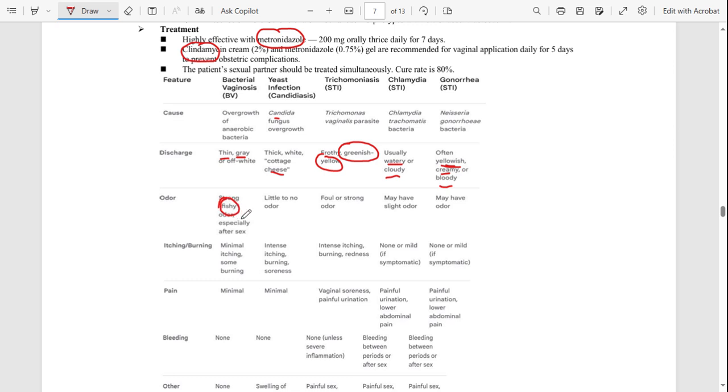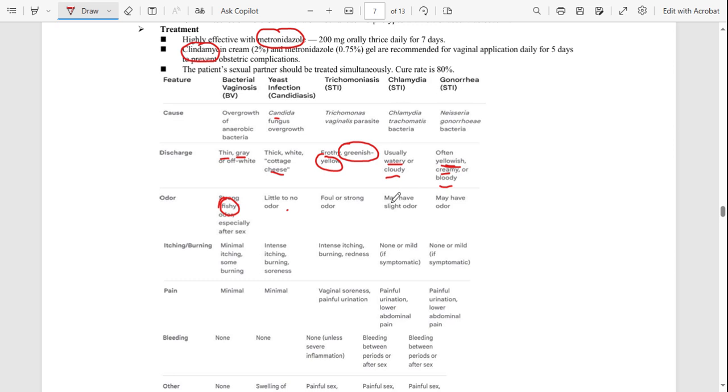The odor is fishy in BV, in candidiasis there might not be any odor, in trichomoniasis it may be a foul odor, and for chlamydia and gonorrhea, you may or may not have any odor. Then you also have itching. In BV, the itching is not that much, in candidiasis the itching is a lot, and in trichomoniasis there is also a lot of itching.